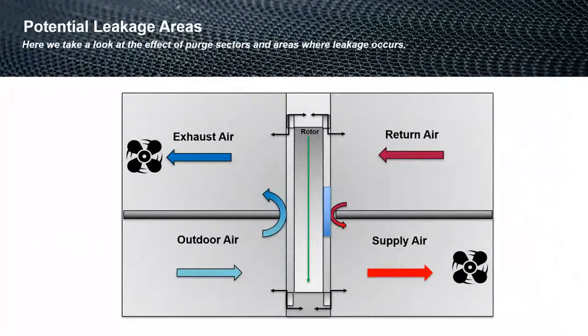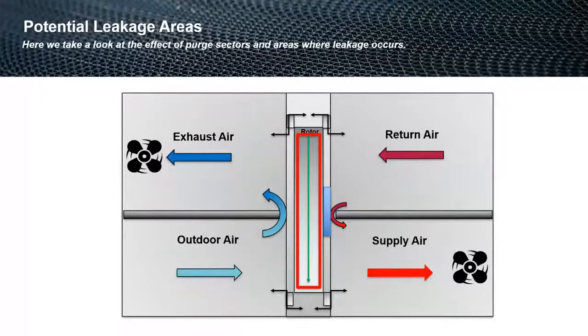So here we're going to take a basic and common IAQ design and then show the areas that should be considered when we start to think about leakage in air handling units and rotors. So starting with the rotation-induced transfer or carryover section, as we mentioned on the previous slide, this is any contaminants in the air that's moved through into the opposing airflow.